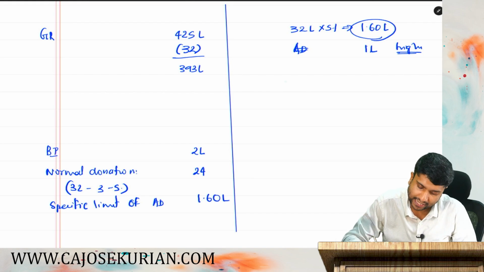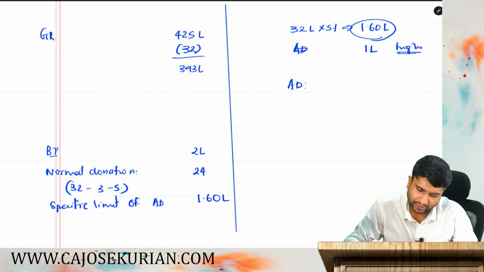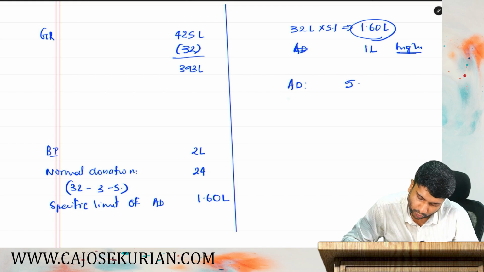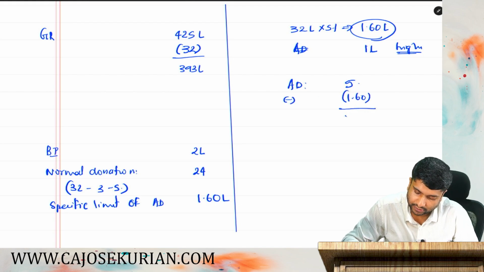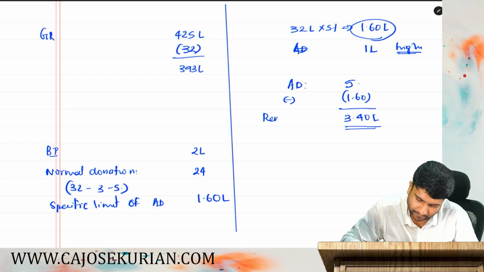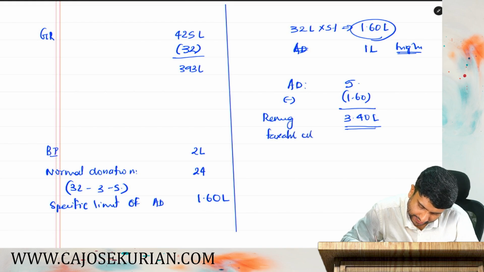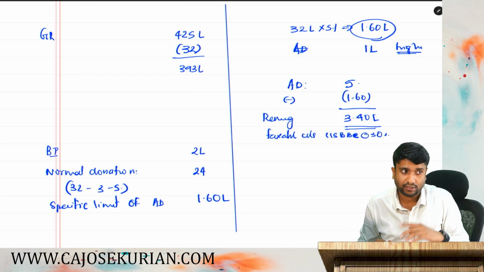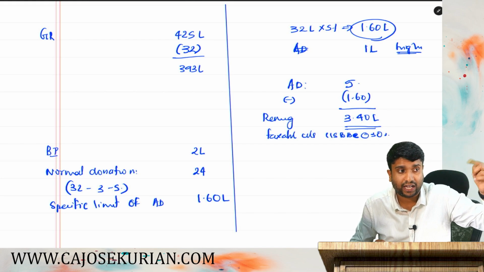Now, how much is the actual anonymous donation? Actual anonymous donation is only 5 lakh, minus specific limit 1.60. How much is the remaining? 3.40 lakh is the remaining. That will be taxable under section 115BBC at 30%. Let it be there. Don't add it here. That we have to add after the accumulation and application.